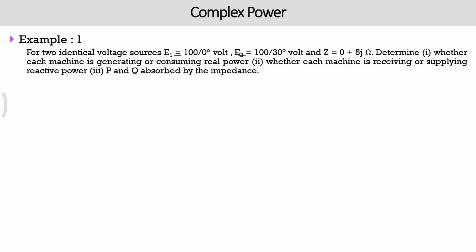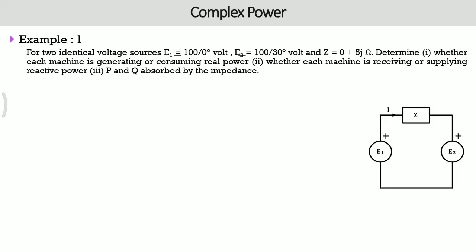Basically we have to find the powers consumed by this impedance, and we have two voltage sources E1 and E2. This is the pictorial representation of our circuit, where E1 and E2 are connected with the impedance Z, and we assume the current direction I.